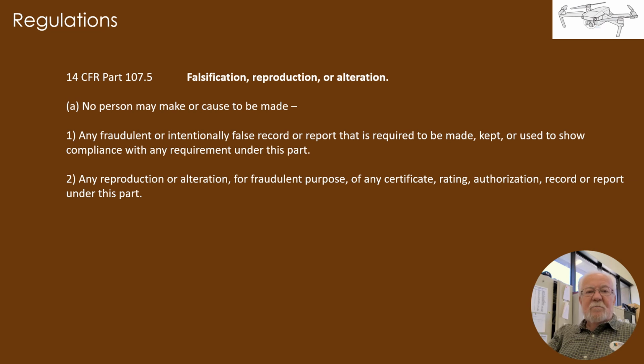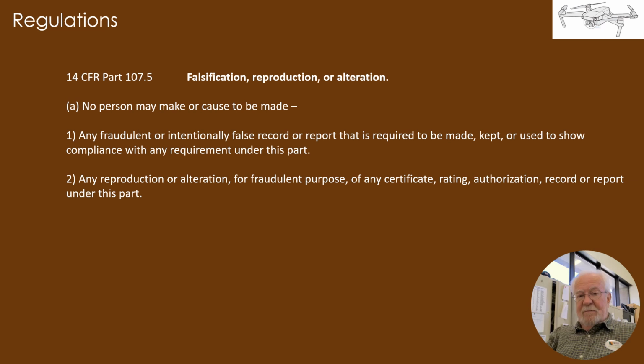Part 107. Just a quick note here, as a pause for a section. The regulations are in plain language, so you just do a Google search for 14 CFR Part 107 and read through it. Pilots are not lawyers, and it's not legal language. It's really clear.